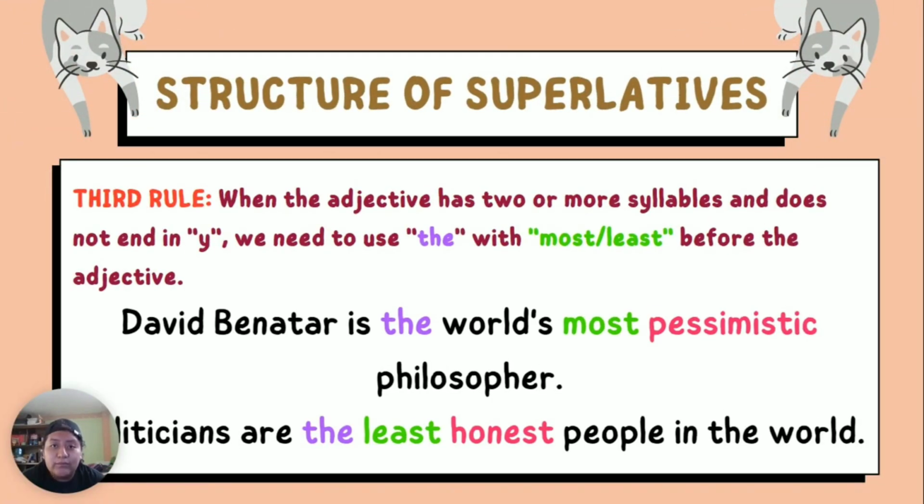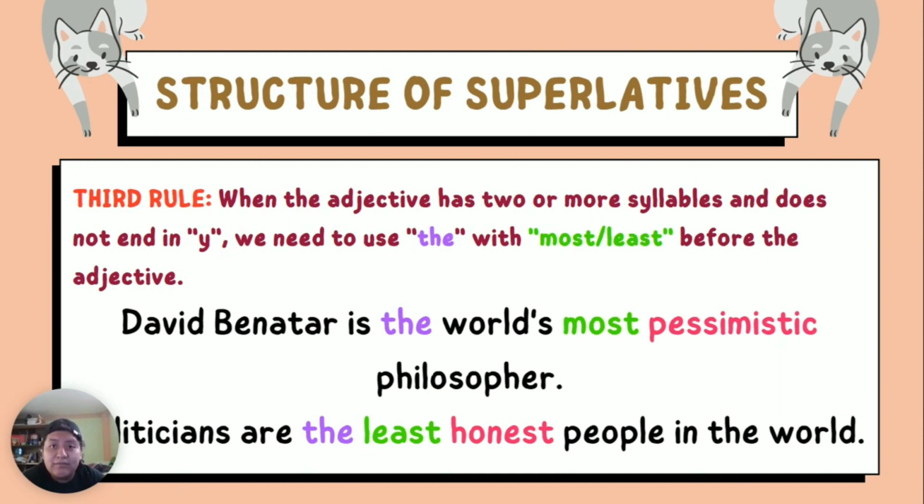Third rule. When the adjective has two or more syllables and does not end in Y, we need to use the with most, least before the adjective.